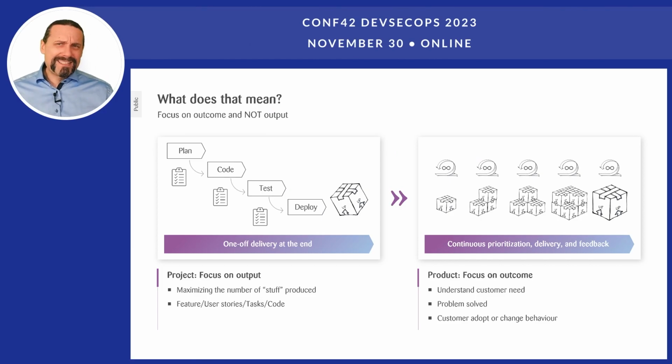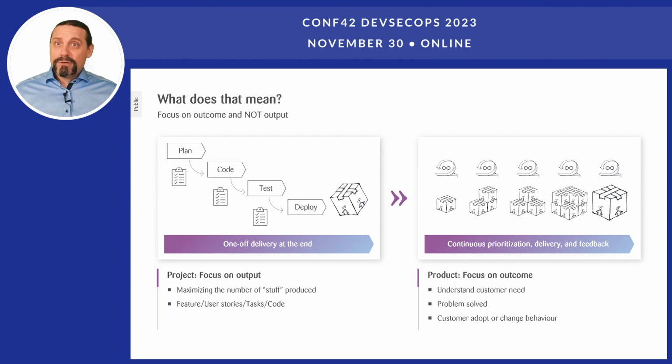Now, to understand that, we need to dive a little bit deeper into that. So a project always has a start and an end. It has a fixed set of features that are going to be delivered and also resources which are applied to a project.